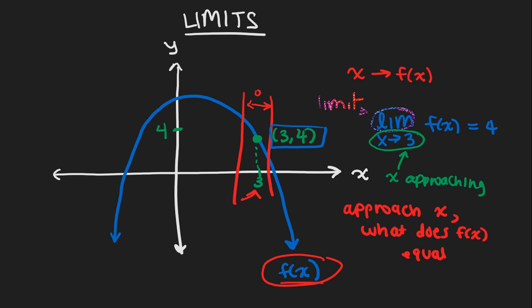This is the function, and this is the resulting y value, or what does f of x equal? So in this problem, as you can see, as x approaches 3, f of x is equal to 4.